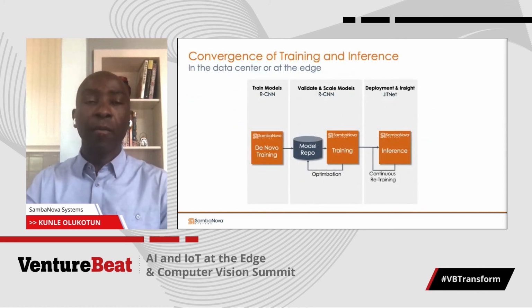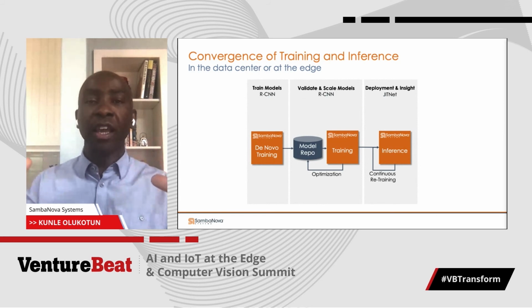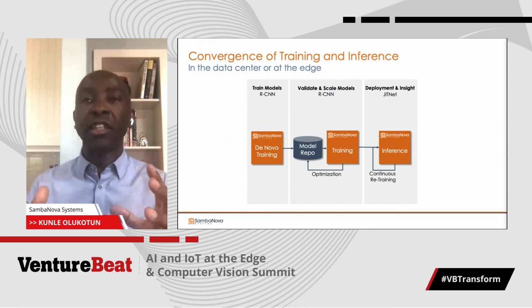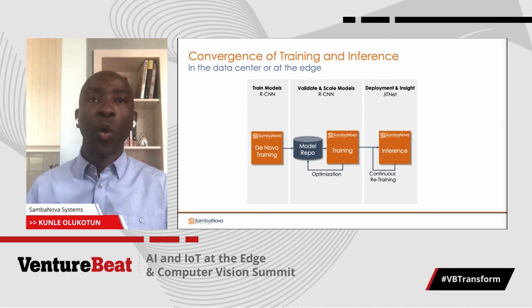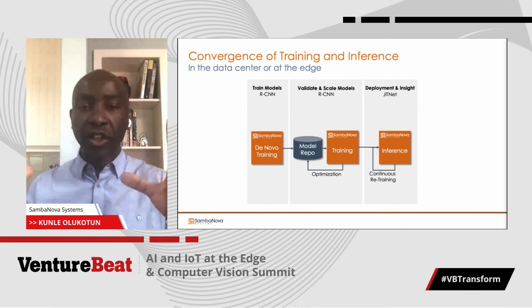So SambaNova, with its ability to do large batch training very efficiently and small batch or single instance inference, gives you this capability. So what we can do is this convergence of training from data center to the edge, right?